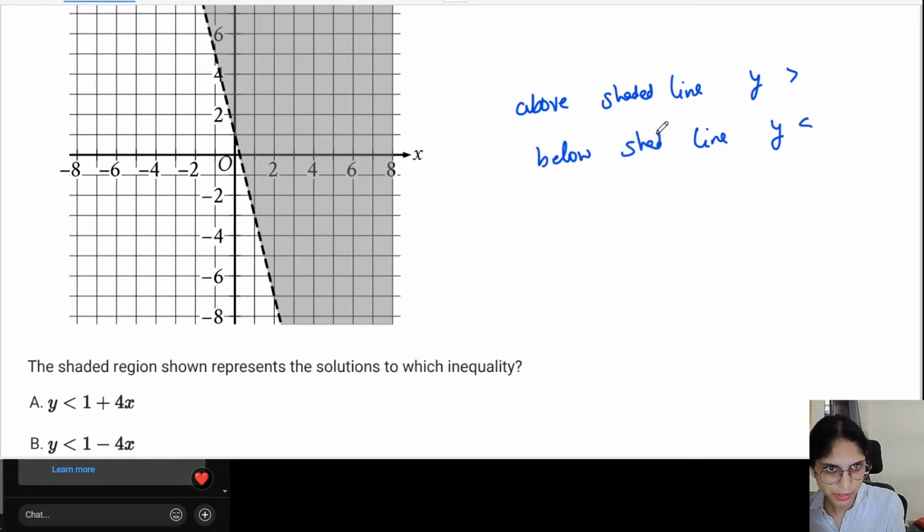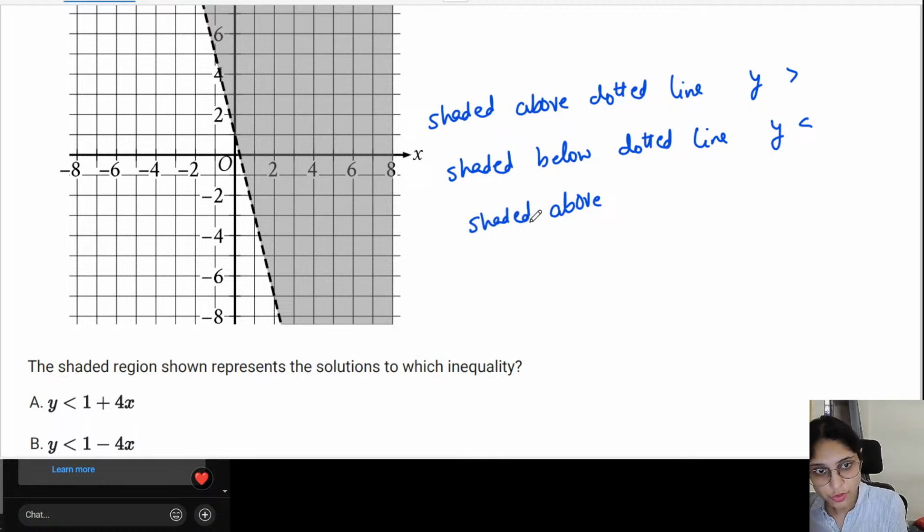Then below shaded line. Now if you're going above, not shaded, dotted, my bad. Shaded above dotted line. Shaded below dotted line.